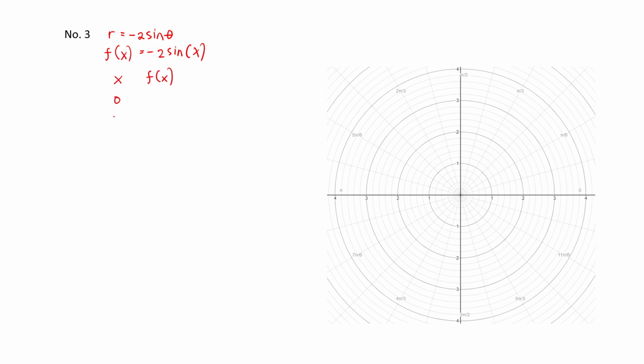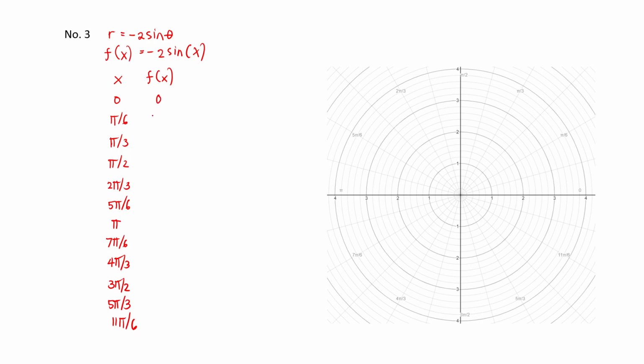Starting from 0, then pi over 6, pi over 3, pi over 2, then 2 pi over 3, 5 pi over 6, pi, then 7 pi over 6, 4 pi over 3, 3 pi over 2, 5 pi over 3, and then 11 pi over 6.